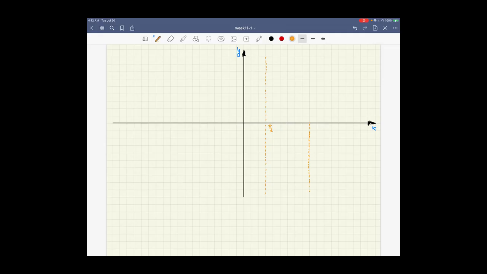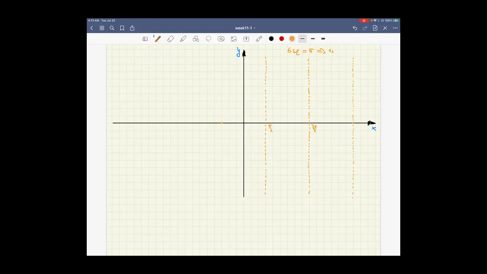That's 3 pi over 2. After that, 3 pi over 2 plus pi is 5 pi over 2, also a vertical asymptote. In short, the distribution of vertical asymptotes follows the periodicity of tangent. Here my scale is 6 squares equals pi.